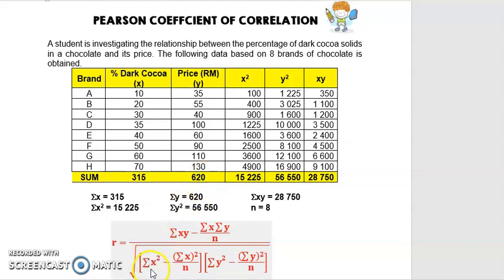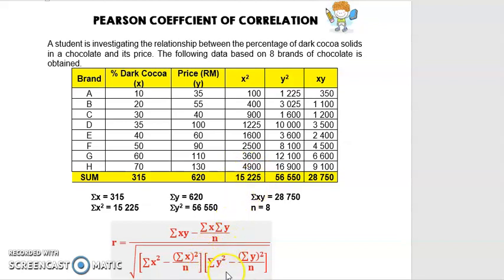For the summation of x squared, you square each single value of x first, and then find the total. For example, 10 squared we get 100, 20 squared we get 400. Summation means you total all x squared values.